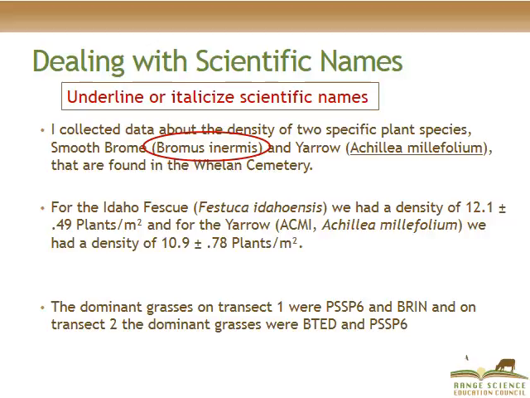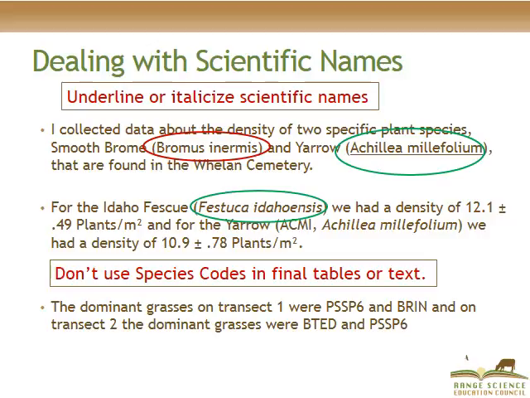You don't necessarily need to use scientific names if it's clear, because remember the audience for these reports are people who are doing land management, usually people who are college educated but not specialists in the field. So you can decide whether you want to use scientific names or not. If it's something fairly common like smooth brome and most people would know what it is, you may not need to use it. But if you do use a scientific name, make sure to underline it or italicize it.